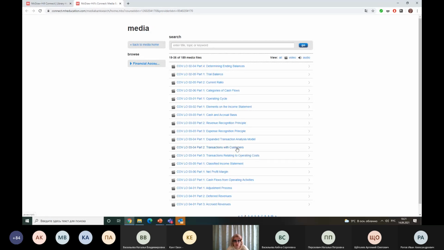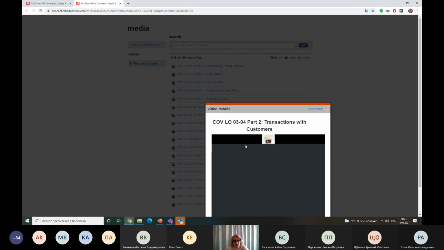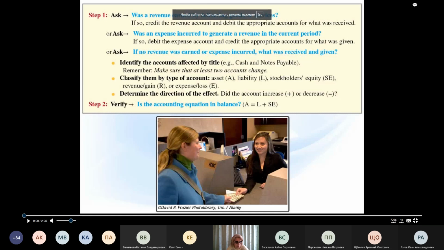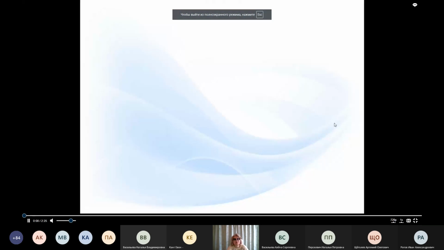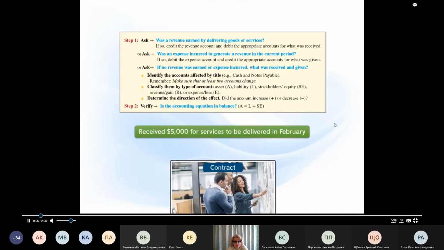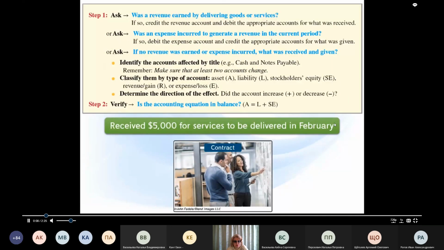Let's look at transactions with customers in order to understand the application of transaction analysis. Let's apply the expanded transaction analysis model to transactions with customers. Recall that Deanna met a new customer in mid-December and had the customer sign a contract worth $5,000 for event planning services that will be performed during February.